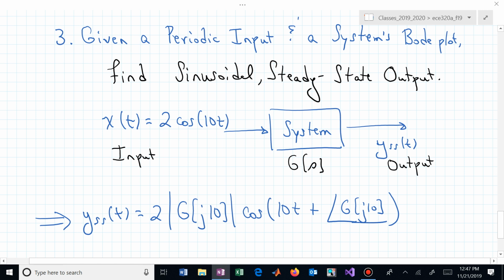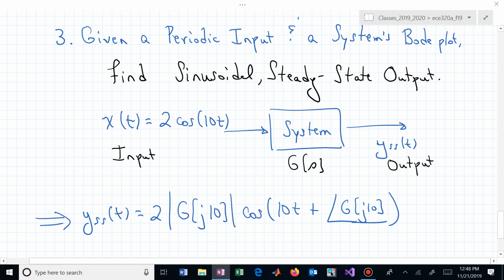And that's what we were talking about in this plot when we were measuring the distances from those poles to that frequency. In this case, it's 10. And the phase, we were measuring those angles at that frequency. We combine all of those and find the phase of G of j10, and we can put it into the argument of our output's cosine waveform.